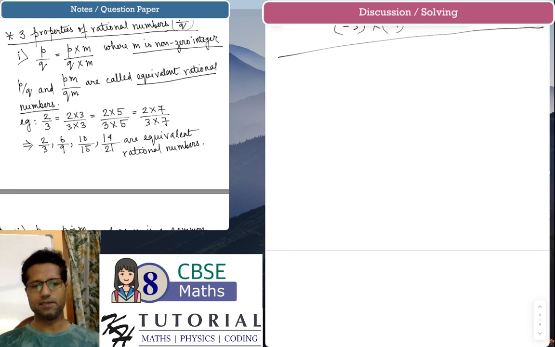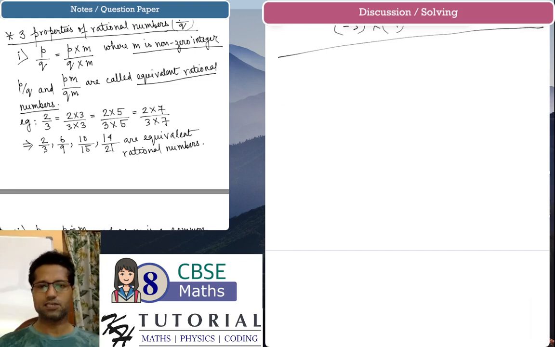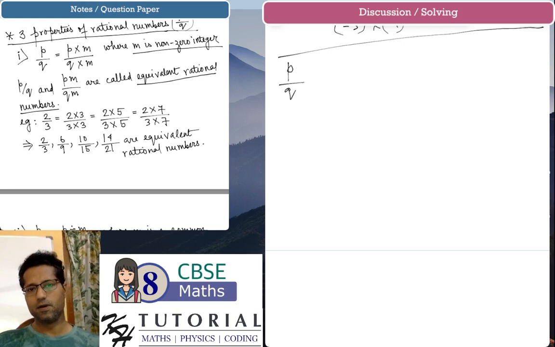The first property says that if you have a rational number p by q, this rational number will remain the same if I multiply both the numerator and the denominator by some non-zero integer. You cannot multiply by 0.